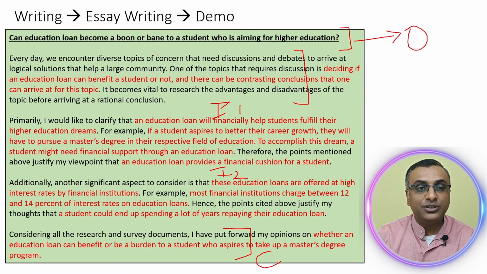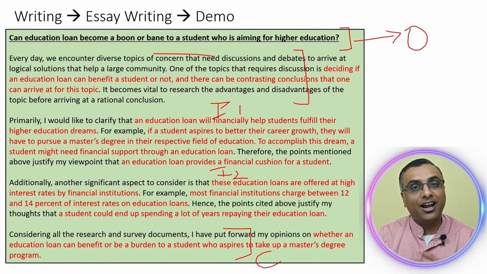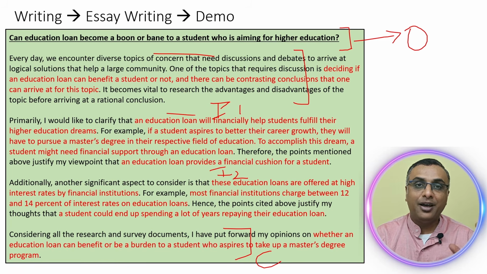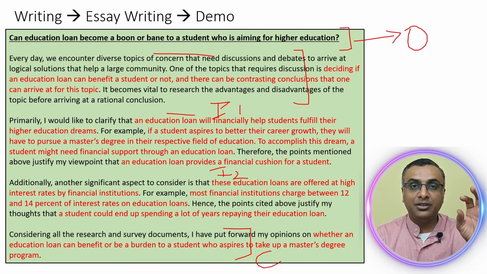Whatever you see in black text is all about the template, and whatever words you see in red text are what I have filled in the template. I have generated ideas accordingly and written them in the respective paragraphs, be it the introduction, idea 1, idea 2, or the conclusion.